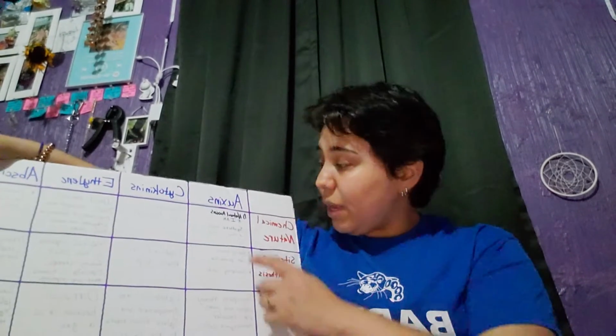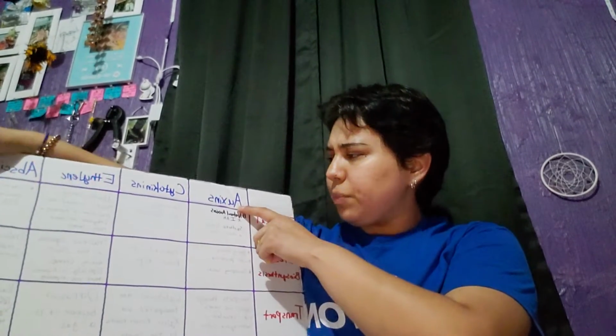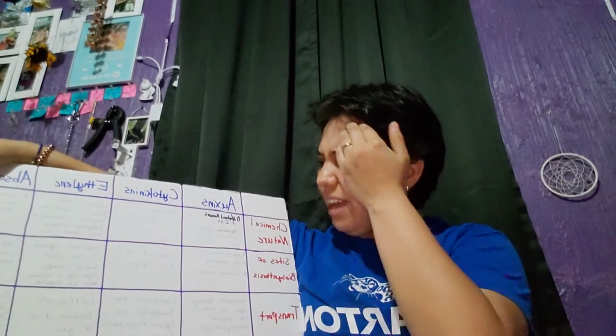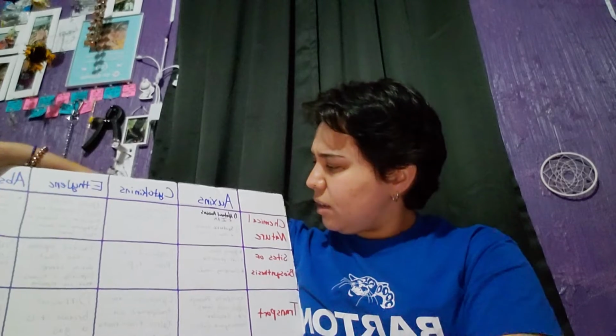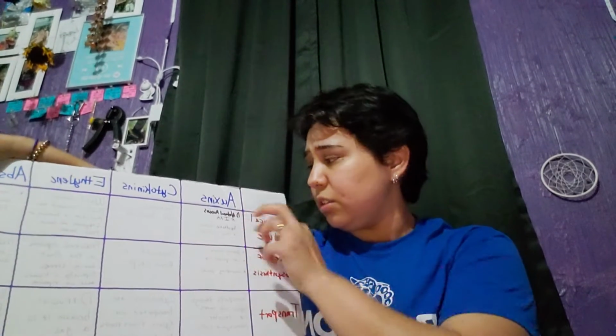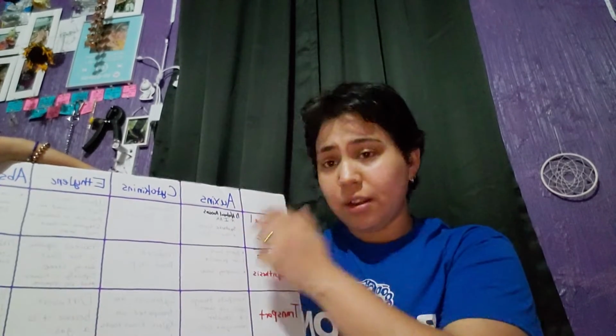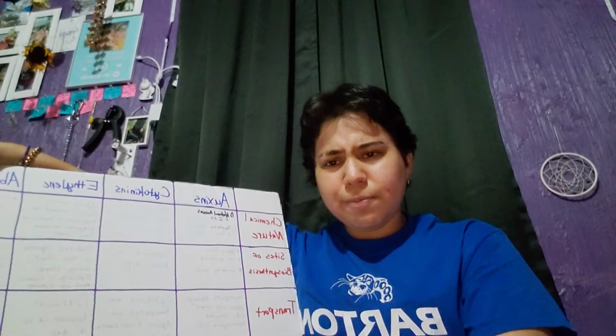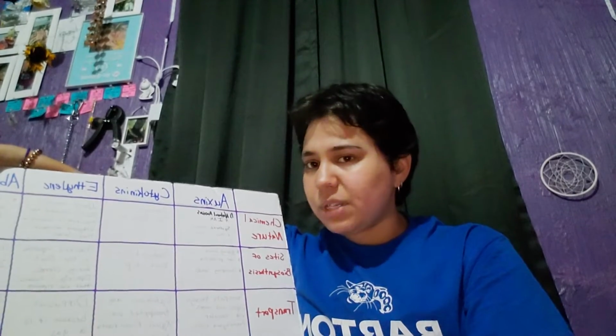Okay, so the first one we have is the auxins. For chemical nature, what I had in my notes was that there are two major groups of auxins: natural auxins and synthetic auxins. Synthetic auxins are pretty much lab made.